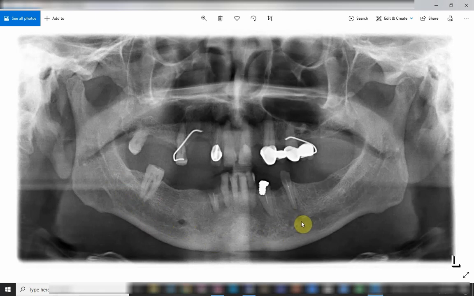Sometimes it's well below the apex of the 4 or the 5, and sometimes it goes up to be very close to the apex. Sometimes its image will superimpose on the apical lower third of the root of the tooth.